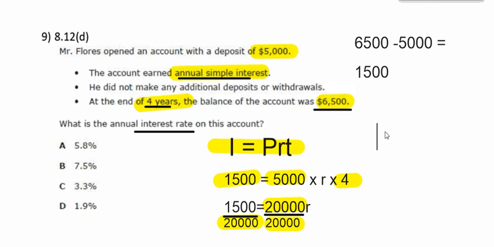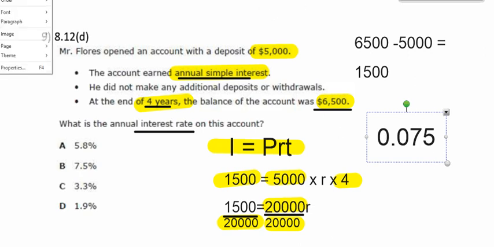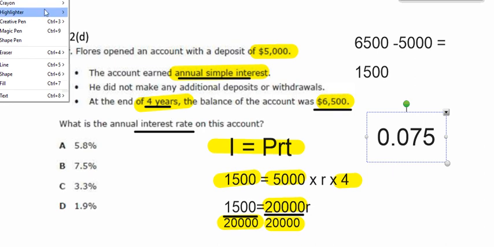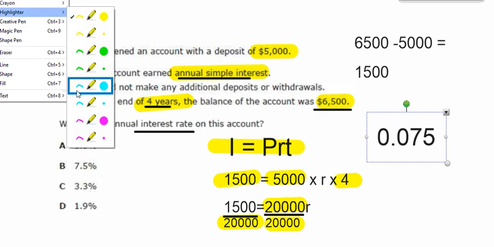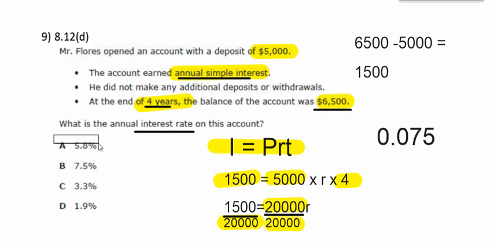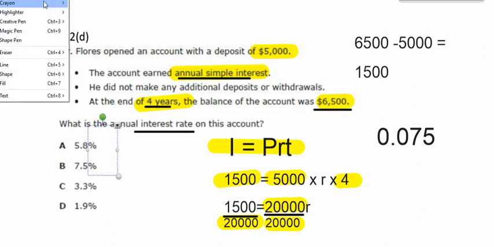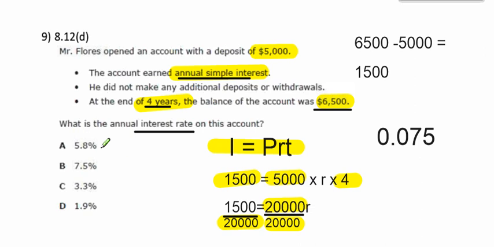You're going to end up with an answer that is 0.075, which is the same thing as... B.